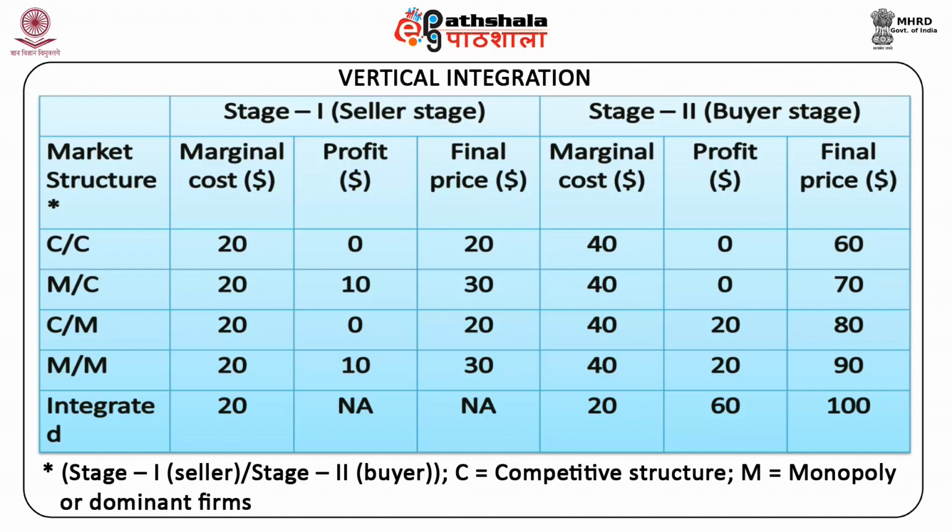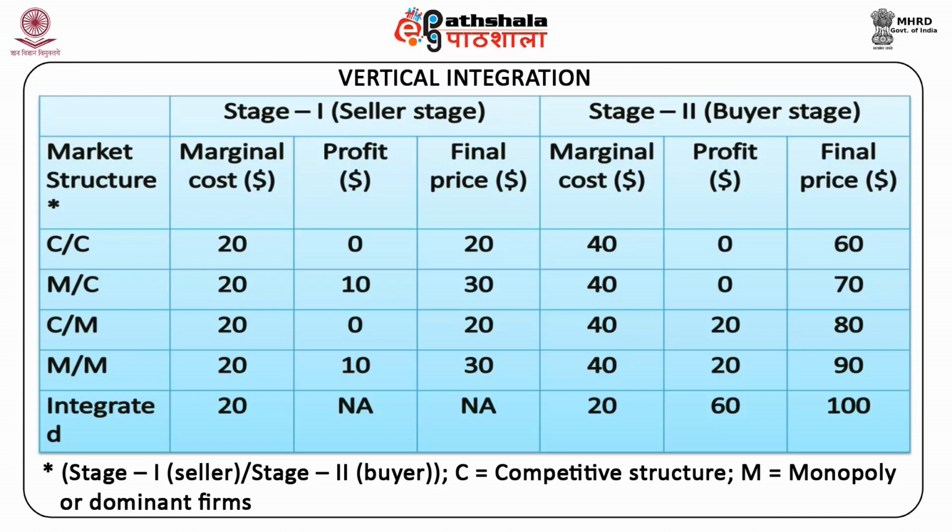This gives the monopoly profit in stage 1 and normal profit in stage 2. For market structure 3, where the seller is competitive and the buyer is a monopolist, the final price will be 80, which is the sum of the marginal cost in stage 1 plus the monopoly price in stage 2. A normal profit earned in stage 1 and a monopoly profit in stage 2.